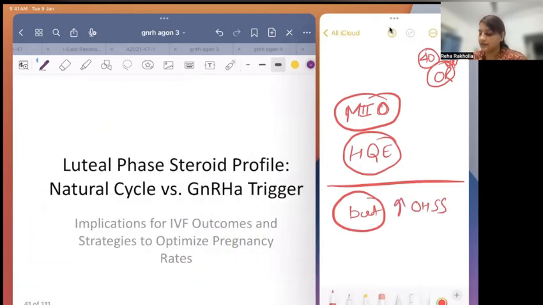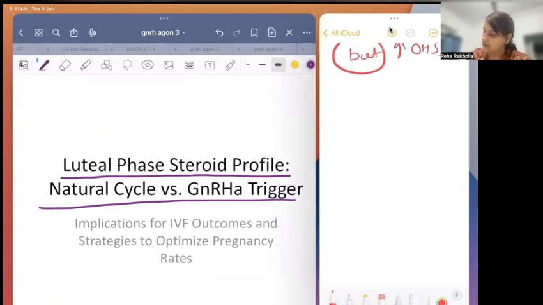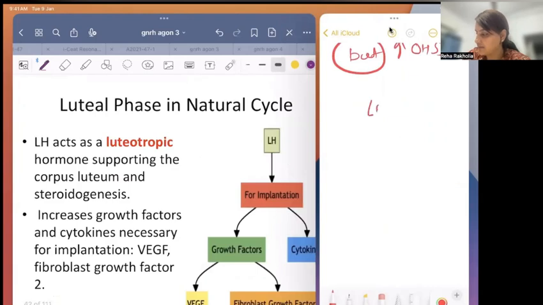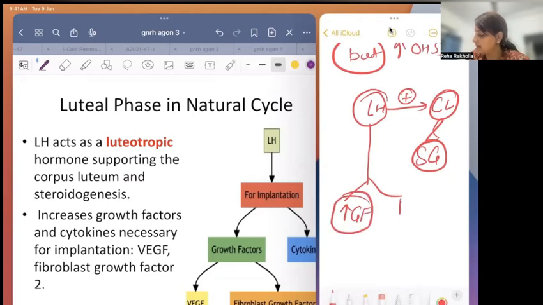Okay, that's okay. Now, luteal phase steroid profile, natural cycle versus GnRH agonist trigger. LH, everybody knows, supports corpus luteum and steroidogenesis. Corpus luteum and steroidogenesis are promoted by LH. LH increases the secretion of growth factors and cytokines like VEGF and fibroblast growth factors.